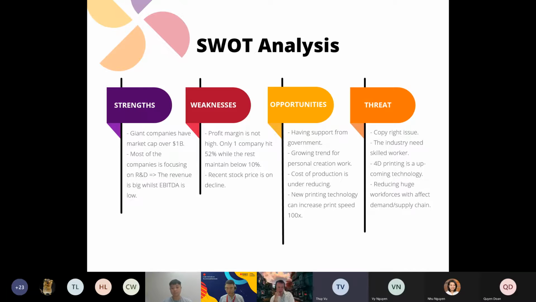We looked at opportunities and threats from analyzing the past. The opportunities are support from government, growing trends for personal creation work, declining cost of production, and new printing technology that can increase print speed up to 100 times.